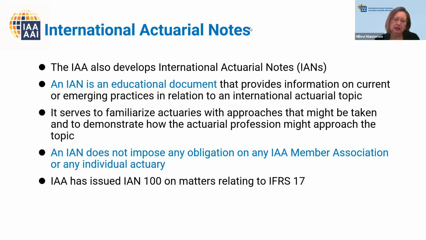And we have issued one, the first, IAN number 100. I don't know why it's 100, because it's the first one, but it's a very heavy package concerning IFRS 17, and it's very important in addition to ISAP 4.